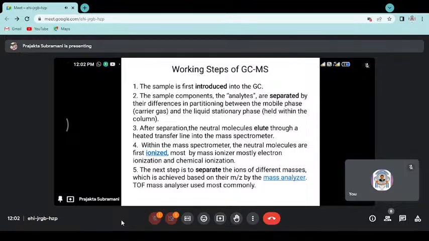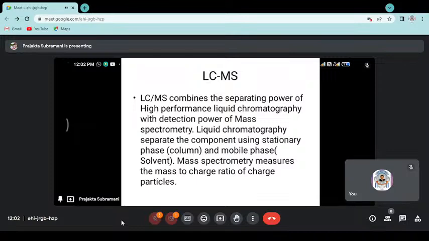Now the next hyphenated technique is LCMS. Like GCMS, LCMS is one of the most commonly used hyphenated techniques for better separation and identification. LCMS combines the separating power of high performance liquid chromatography with the detection power of mass spectrometry.